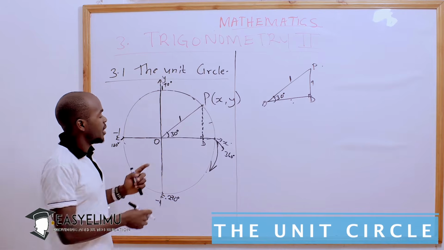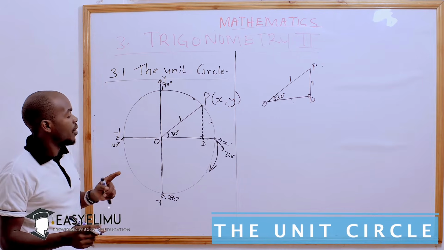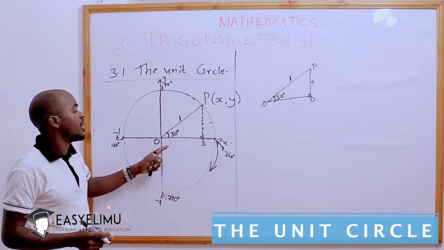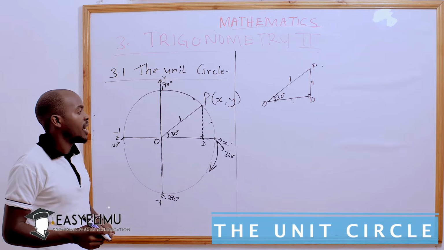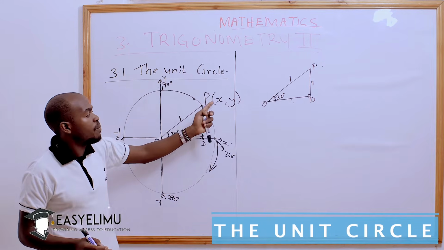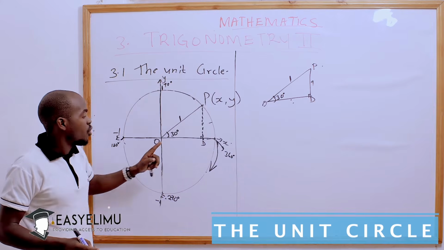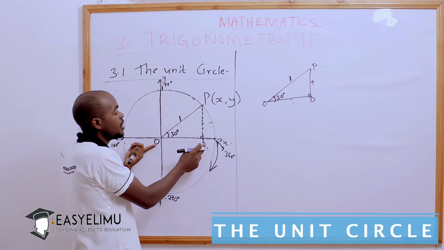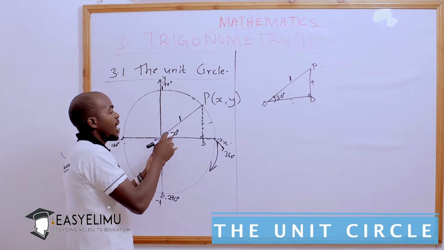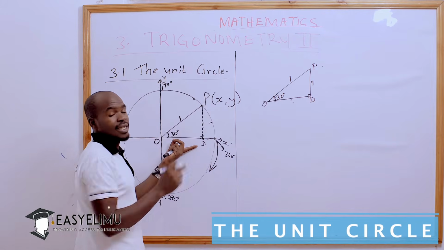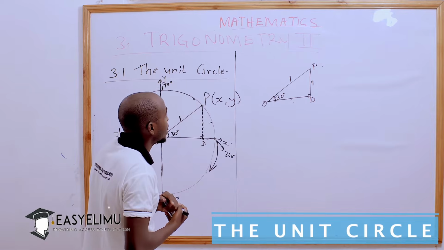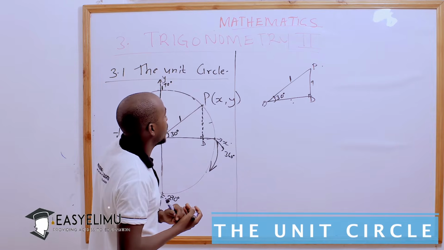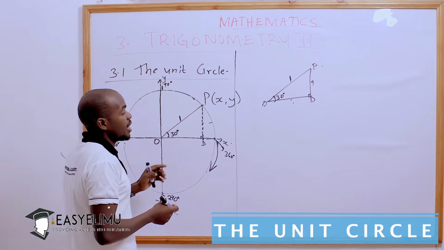That means that if the angle is extended on OX with DP, the coordinates of X and Y for P are equivalent to the distance moved with that angle at the point where it touches the circle.